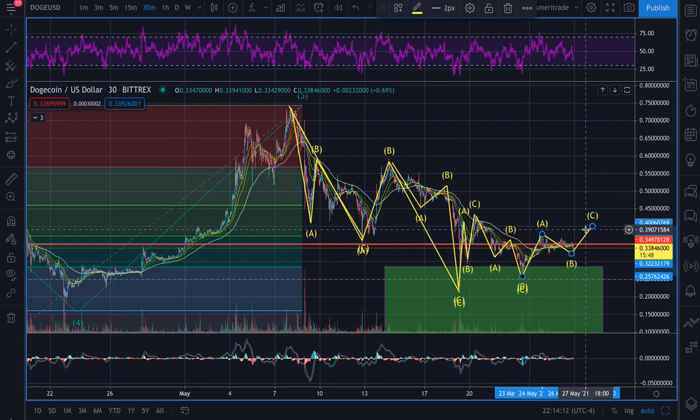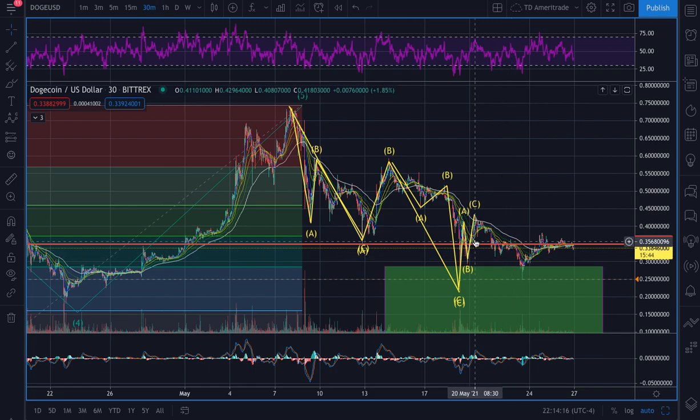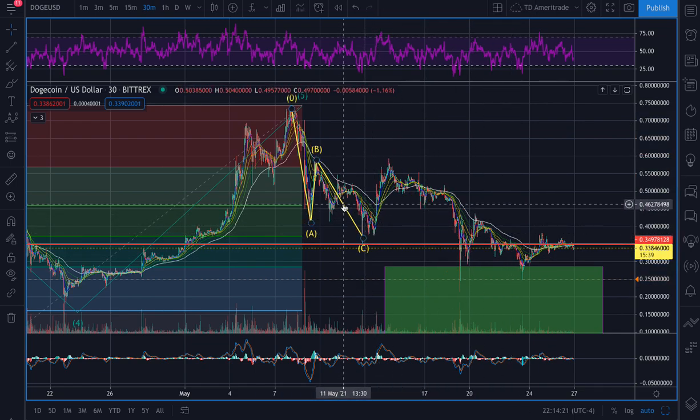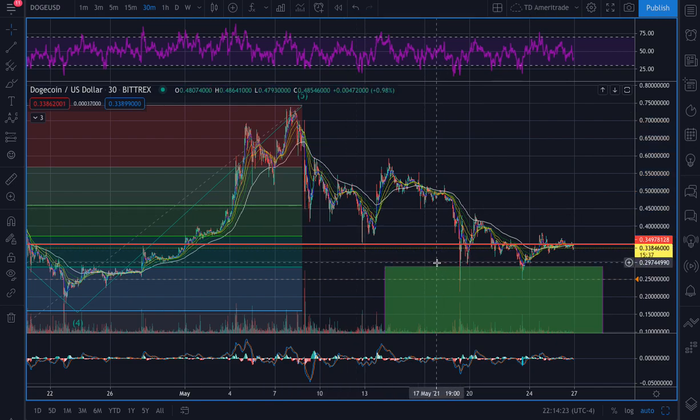So this is a complicated correction right now. In hindsight, it will be easy. Well, maybe not even easy, but in hindsight, it will be easier to see what this wave that we're in right now is.